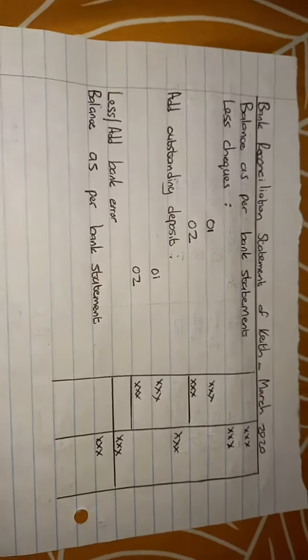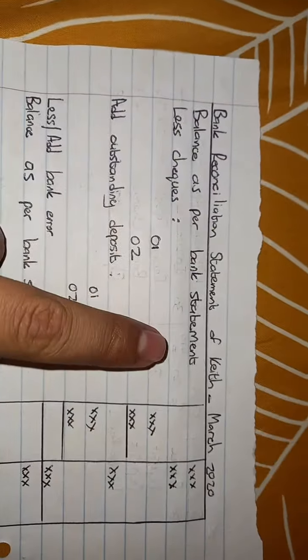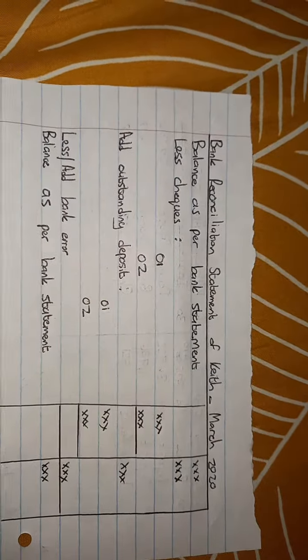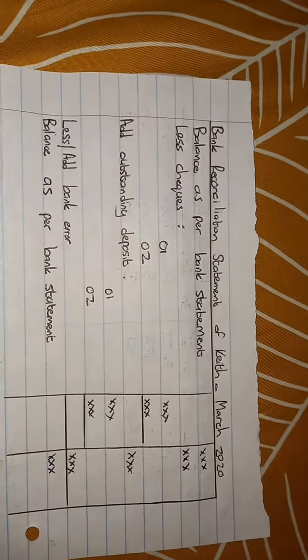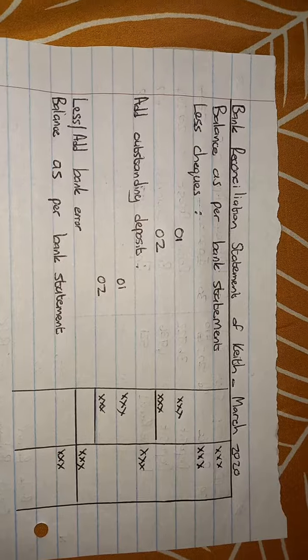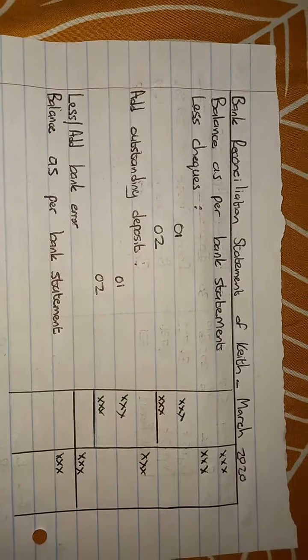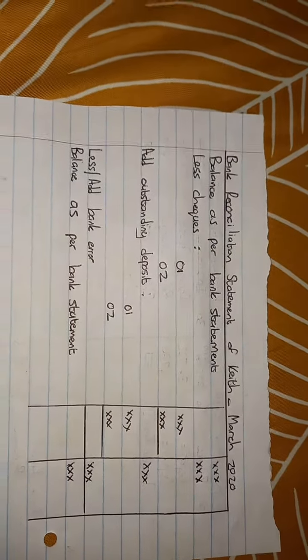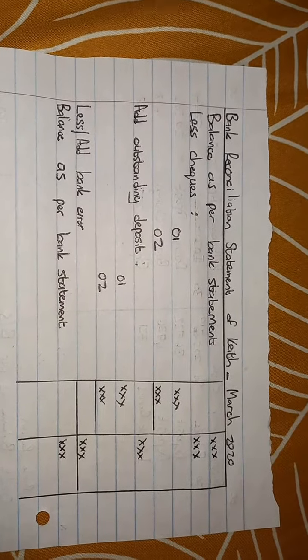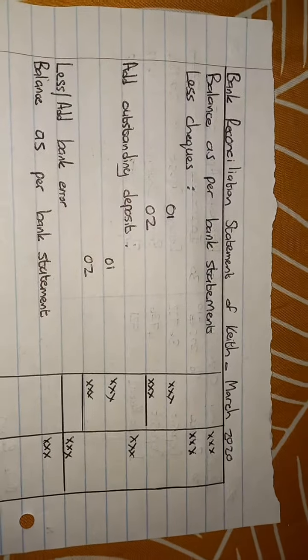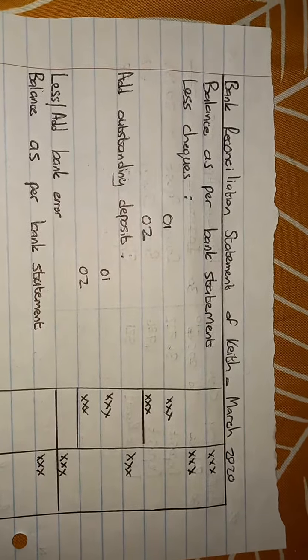Anyways, when we start off with your balance as per bank statement, this amount can be found in two ways depending on the exercise at hand. Either the lecturer or the instructor will directly tell you, okay, the bank balance shows a positive of $2,000. So then you know your bank balance according to your bank statement is positive.